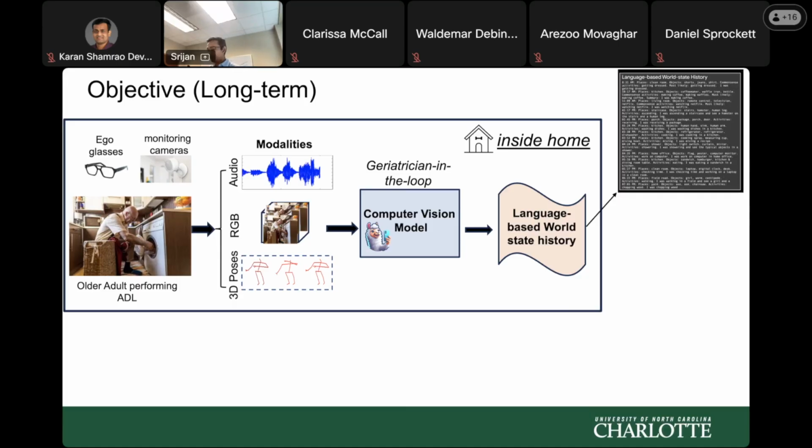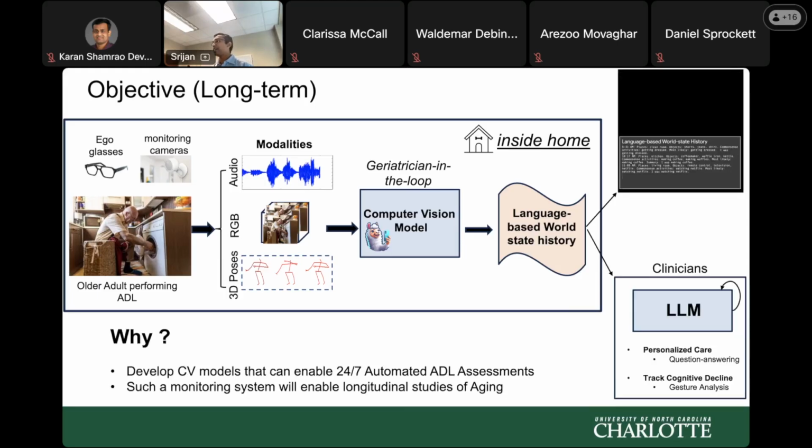And this is transmitted to the cloud and can be used by clinicians for personalized care, or for tracking cognitive decline. Honestly, there is a lack of this kind of longitudinal data, and we need this kind of technology to connect data which can be used for longitudinal studies of aging.